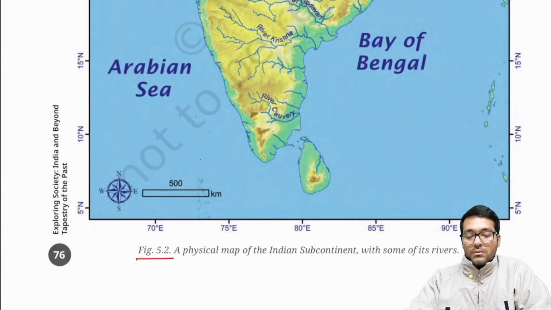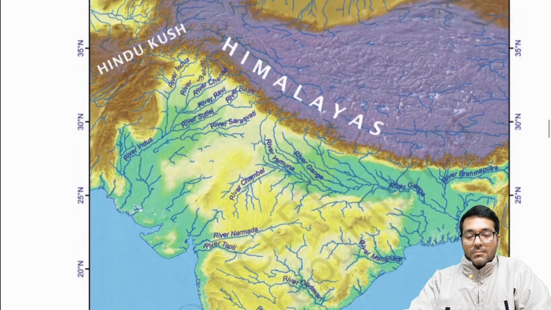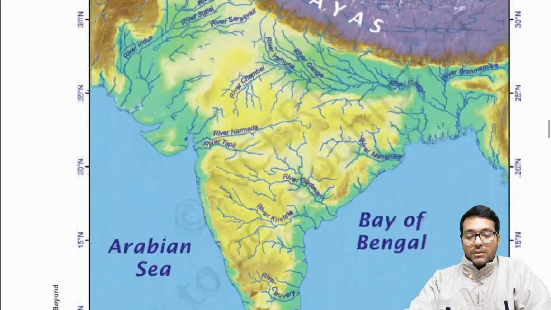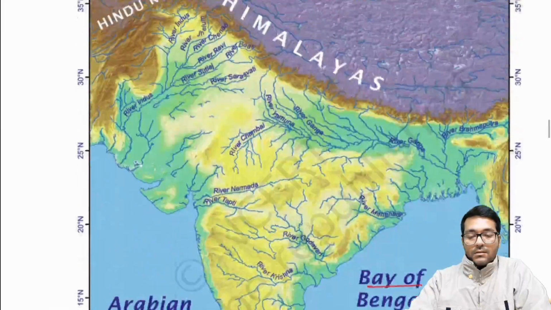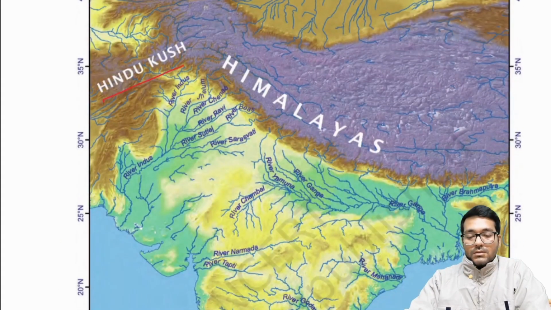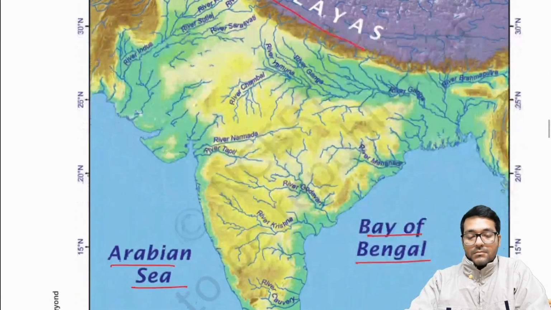Figure 5.2, a physical map of the Indian subcontinent with some of its rivers. You can see a physical map of Indian subcontinent. You can see Arabian Sea, Bay of Bengal, Hindu Kush Range, Himalayas, and various rivers flowing here.